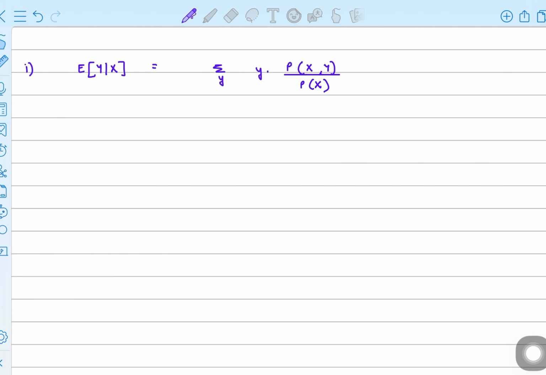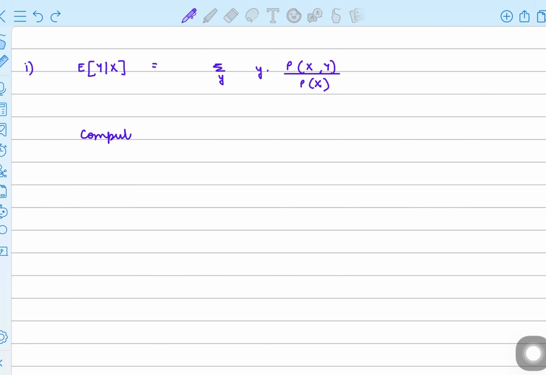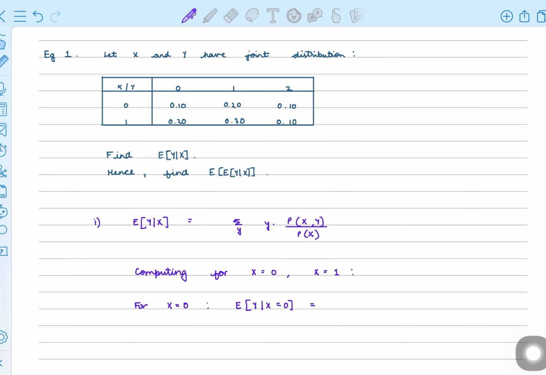Now, since the question doesn't specify which value of the random variable x is required to be used, we compute for both x is equal to 0 as well as x is equal to 1. When x is equal to 0, y can either be 0 or 1 or 2.